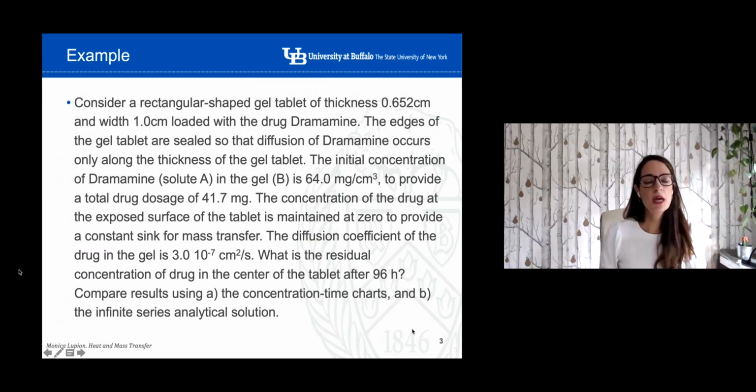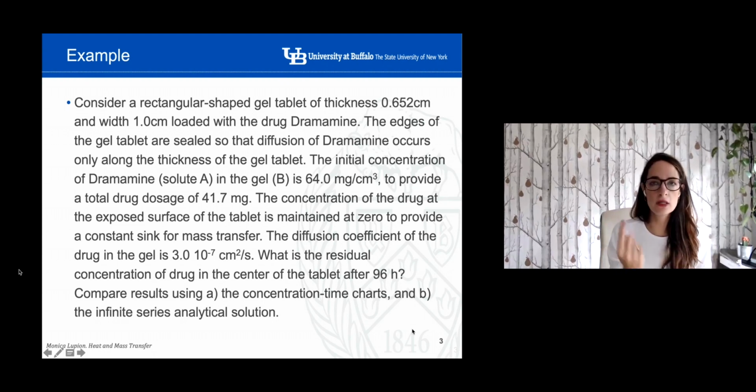So in this case, we have to consider a rectangular shape gel tablet of thickness 0.652 centimeters and width 1 centimeter, which is loaded with the drug Dramamine. The edges of the gel tablet are sealed so that the diffusion of Dramamine occurs only along the thickness of the gel tablet.